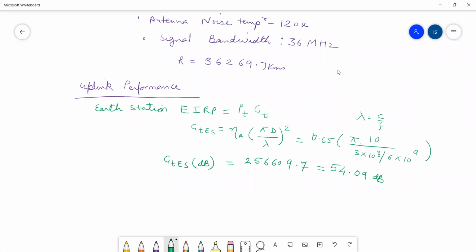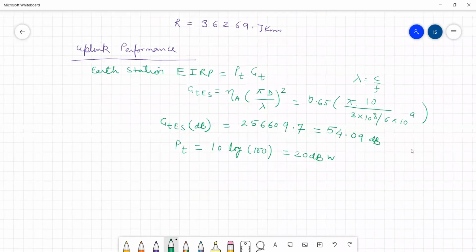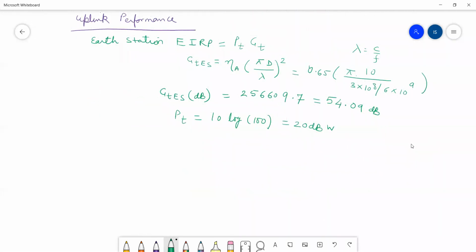Okay, so PT is 10 log 100, so it will be 20 dB. Okay, so PT plus GT is EIRP in dB.